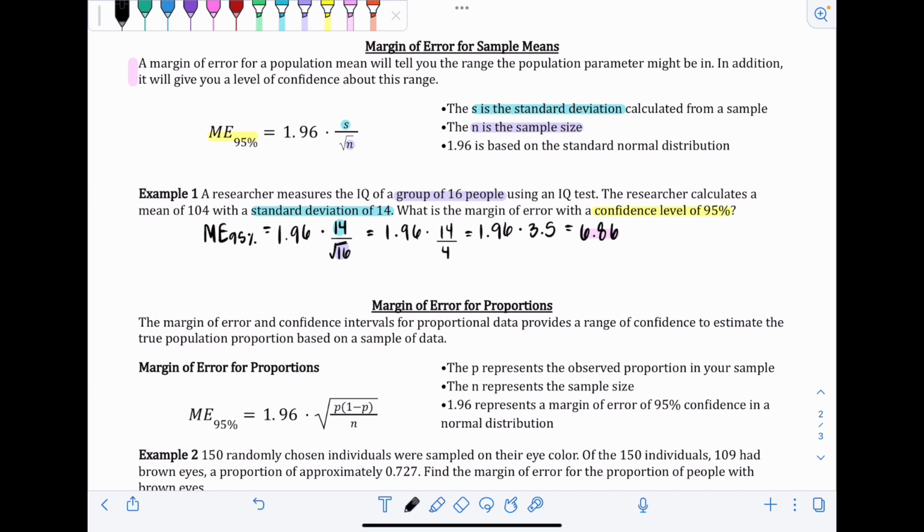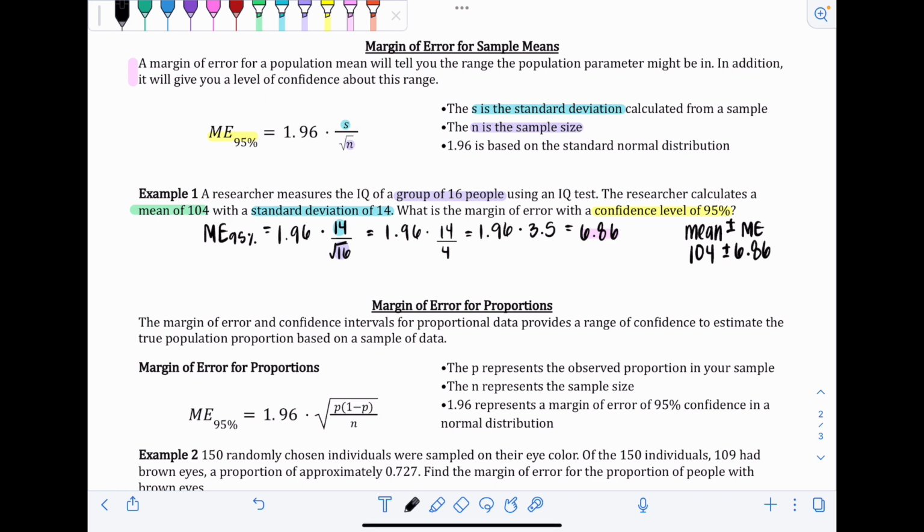So that means we can take the mean in the problem and add and subtract the margin of error. The mean that we were given in the problem was 104. So 104 plus or minus 6.86.